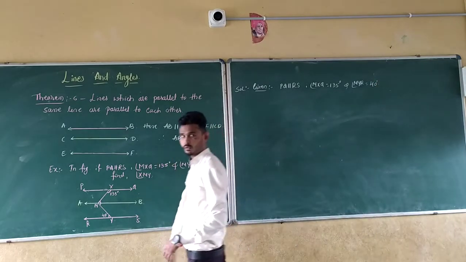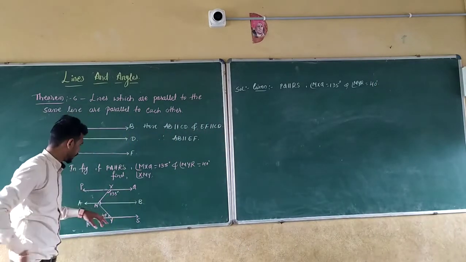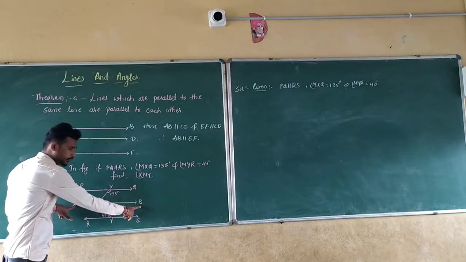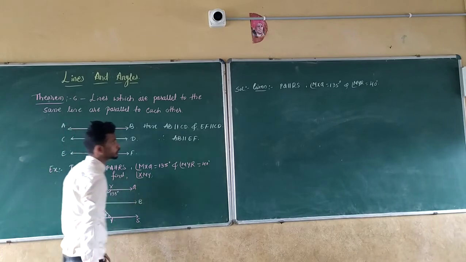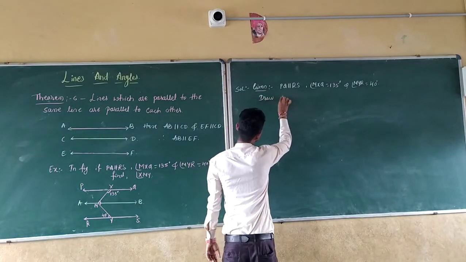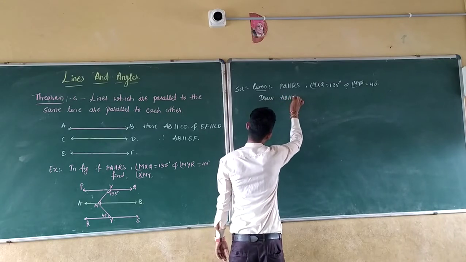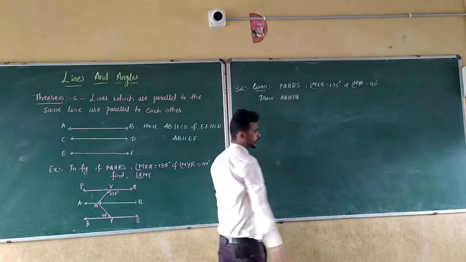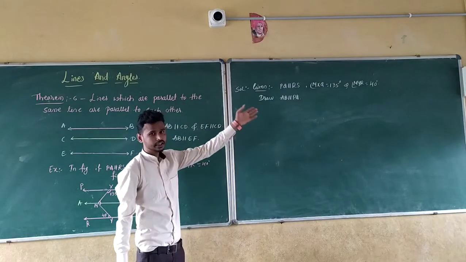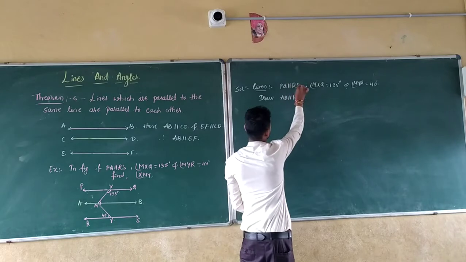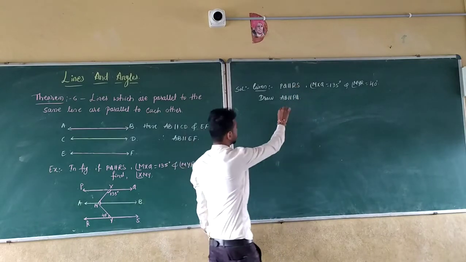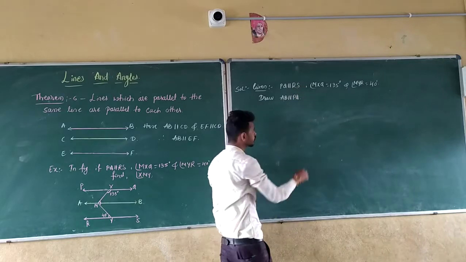So this is the given. Now for finding angle XMY, draw line AB parallel to PQ. So now by Theorem 6, what can we write? PQ is parallel to RS and PQ is parallel to AB, then AB is parallel to RS.